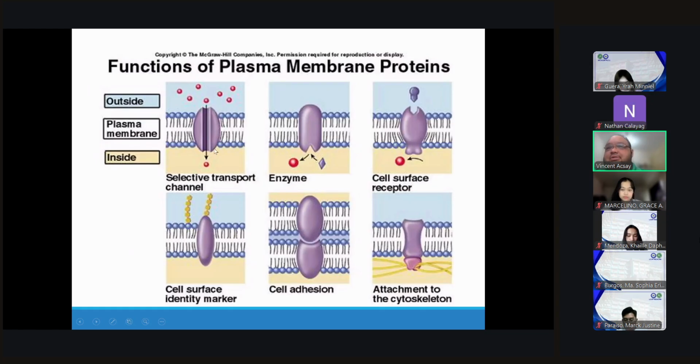These are examples of the functions of plasma proteins. They can exist as channels, enzymes, receptors, structural components like attachment to the cytoskeleton, and cell adhesion, or provide identity markers.